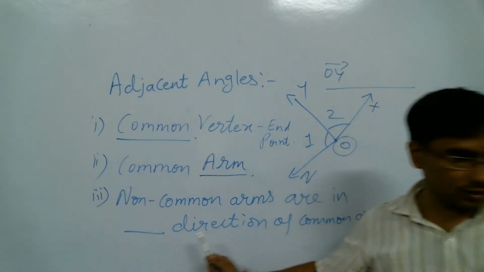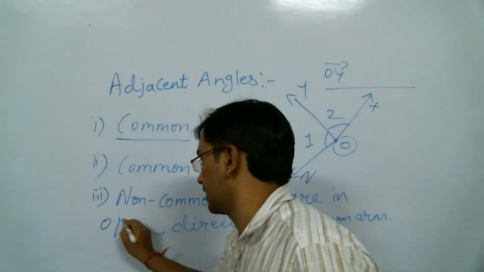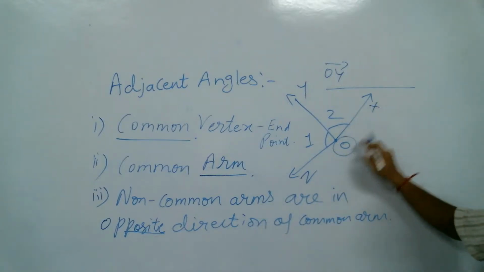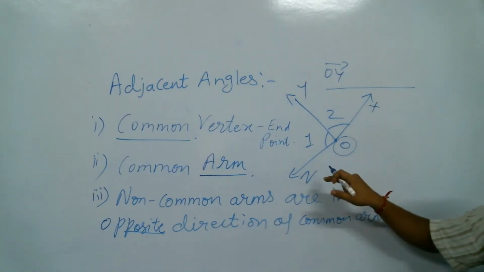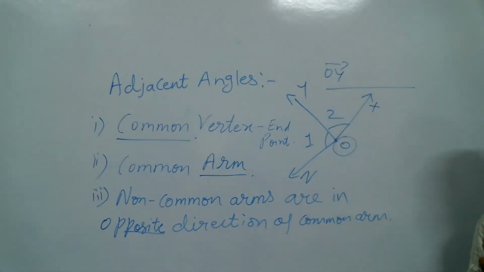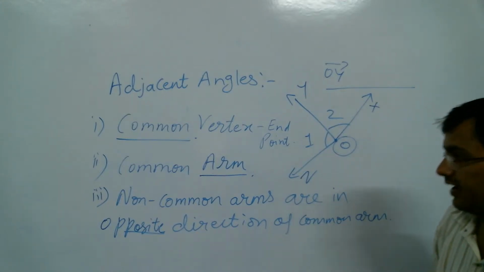Non-common arms are in not same. They are in opposite direction. हमने ये देखा था कि जो non-common arms हैं, here we have OX and OZ. So OX and OZ are in opposite direction of OY. जो common arm है उसके opposite direction में है ये. अगर same direction में होते हैं then they are not adjacent angles. We have seen this.